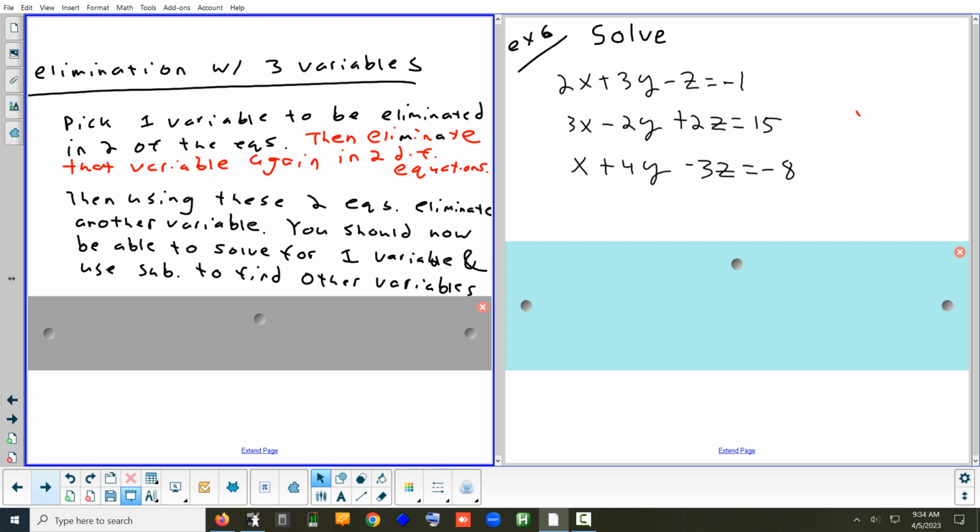So you're going to pick a variable to eliminate in two equations, and then you're going to eliminate that same variable again in two different equations. It's probably going to be clearer when I just do an example. So let's just go through it.